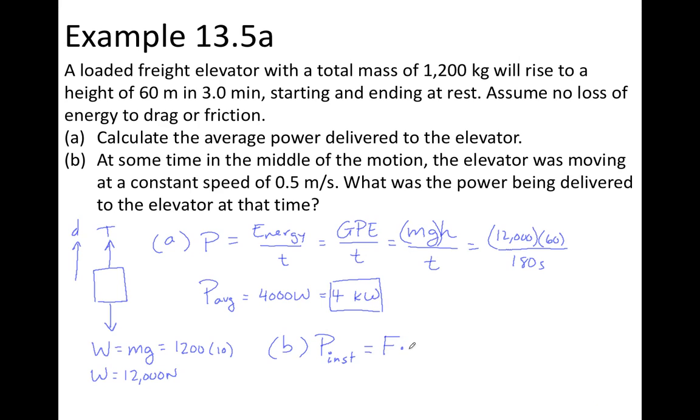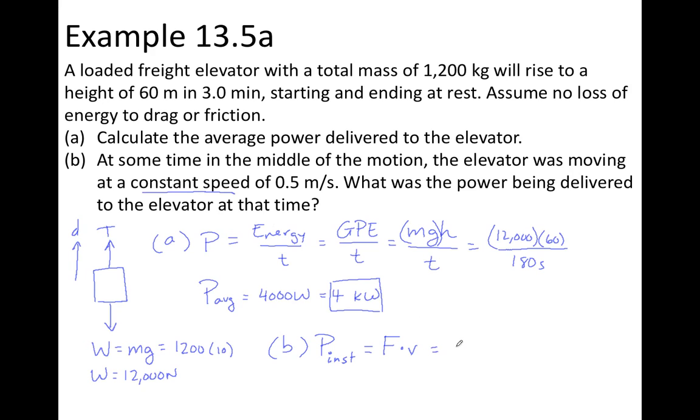So we want to use the force times velocity equation. The force that we're talking about here is the tension force. And here it said that it was moving with a constant speed. Well, constant speed implies the force up has to equal the force down, right? The forces have to be balanced for the elevator to move at a constant speed.